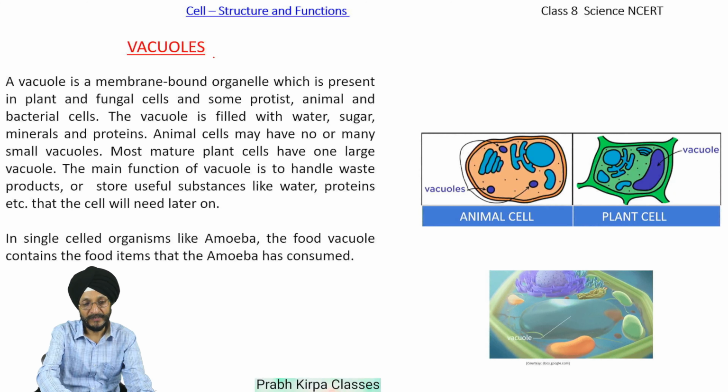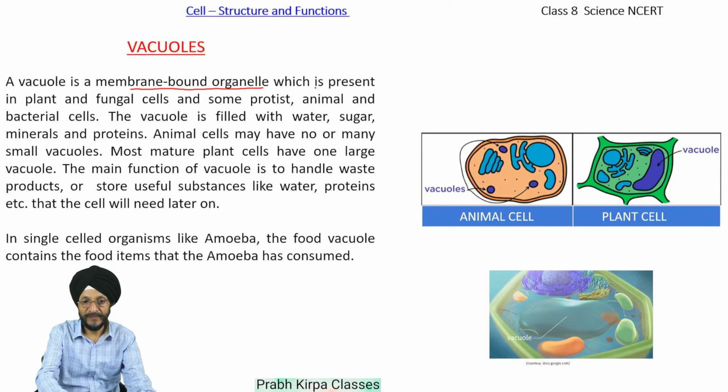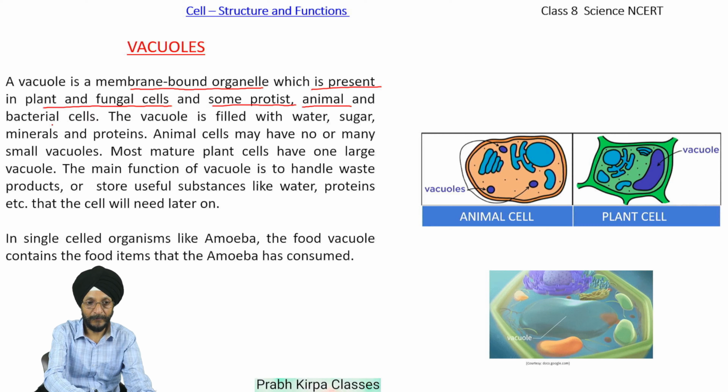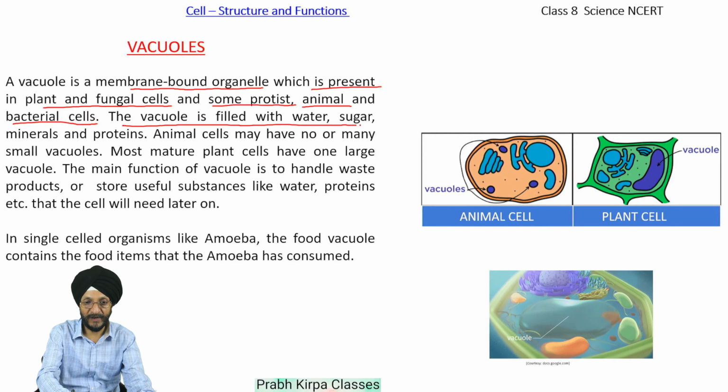Now we discuss another organelle which is found inside the cell, which is known as vacuoles. A vacuole is a membrane-bound organelle which is present in plant and fungal cells and some protist, animal and bacterial cells. The vacuole is filled with water, sugar, minerals, and proteins.